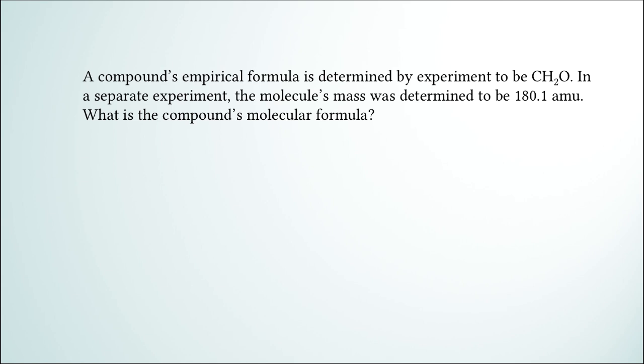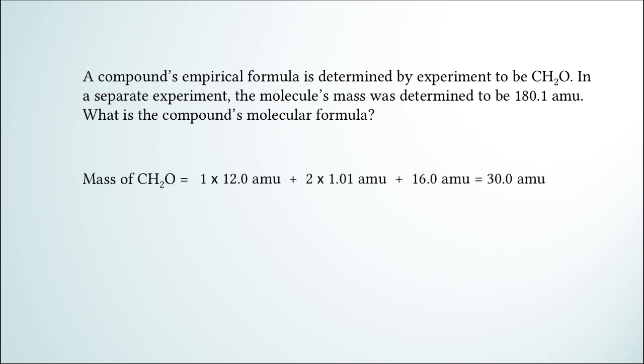Well, in order to go from an empirical formula to a molecular formula, we have to multiply the subscripts by a common factor. To do this, we have to look at the mass of the empirical formula. It would be 1 times 12.0 AMU plus 2 times 1.01 AMU plus 1 times 16.0 AMU for a total of 30.0 AMU. Our given molecular mass is 180.1 AMU.